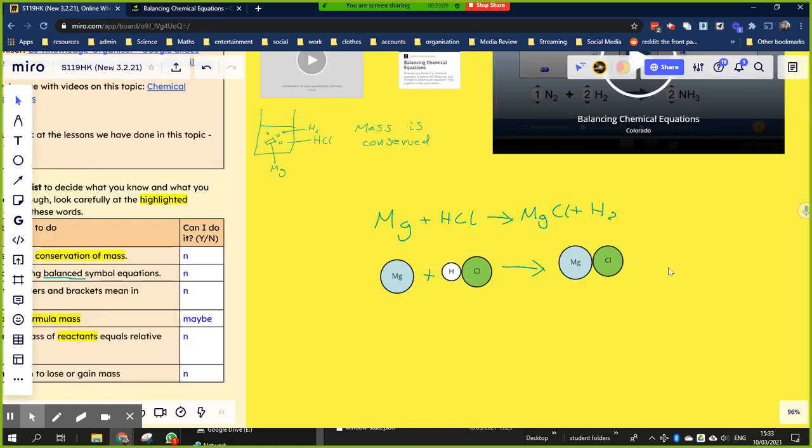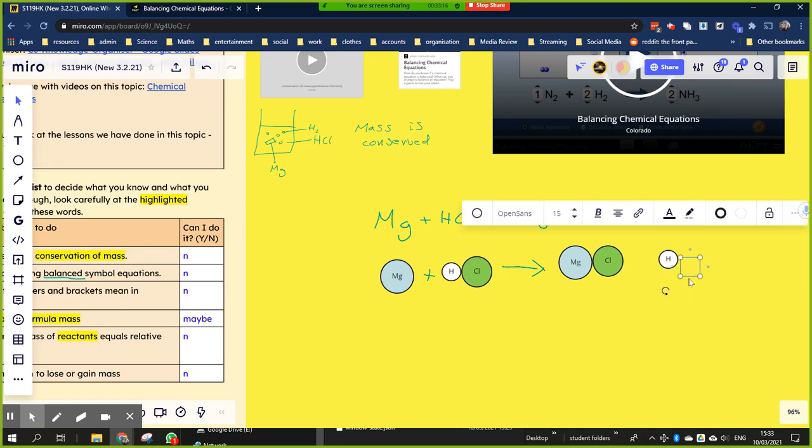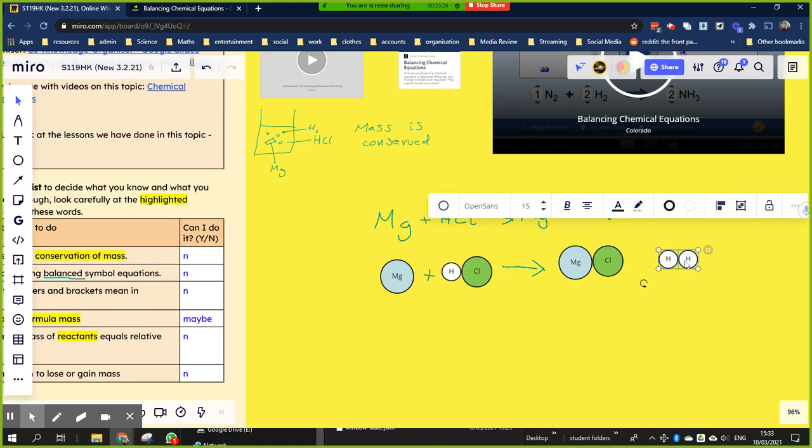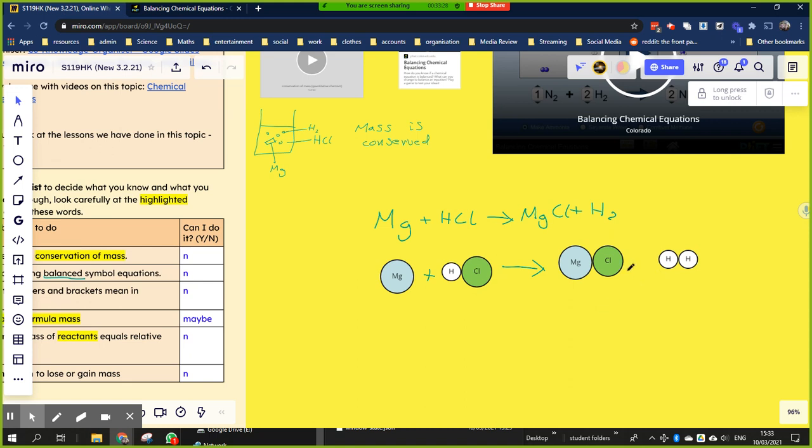Now, what does H2 mean? It means 2 hydrogens in one molecule. Most non-metals tend to go around in groups of 2. Not all, but most. So we've got H2 there now. First of all, these are our molecules.